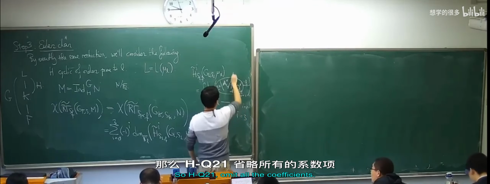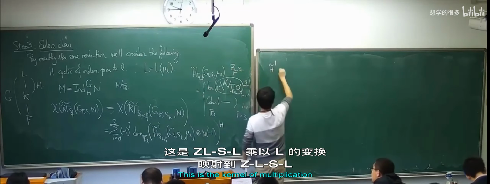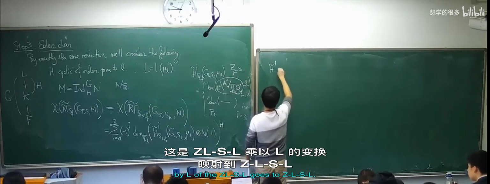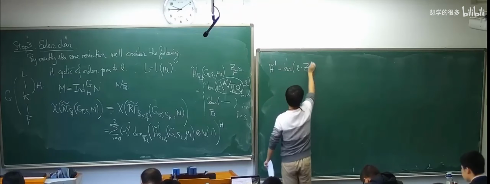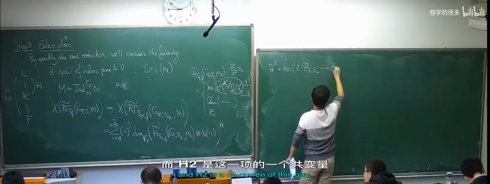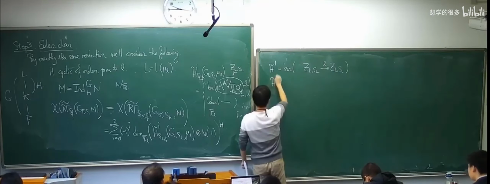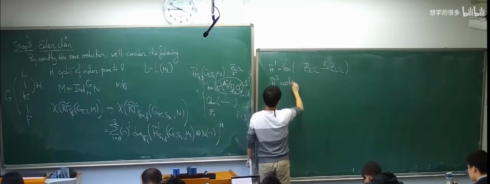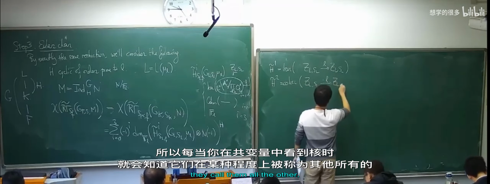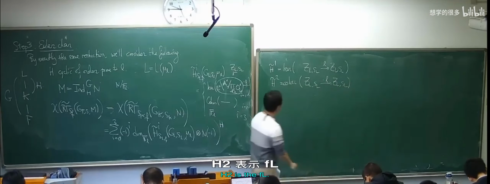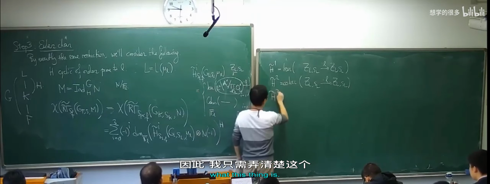So H^2_1, omitting all the coefficients, is the kernel of multiplication by L on Z_L,SL. And H^2_2 is the cokernel of this guy. Whenever you see a kernel and cokernel, you know that they kind of cancel each other. H^2_3 is F_L. So I just have to understand what this thing is.